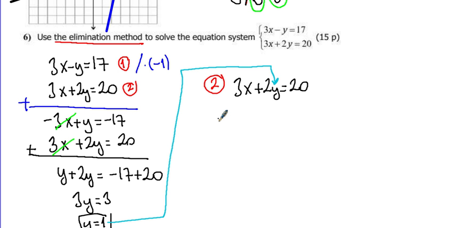So let's do it. 3x plus 2 times 1 is equal to 20. 3x plus 2 is 20.